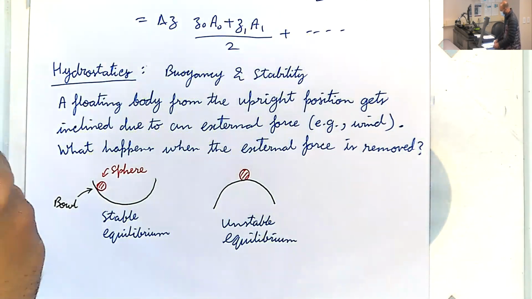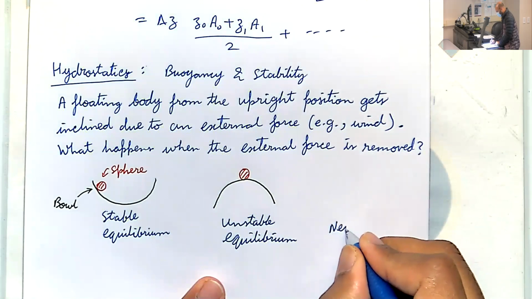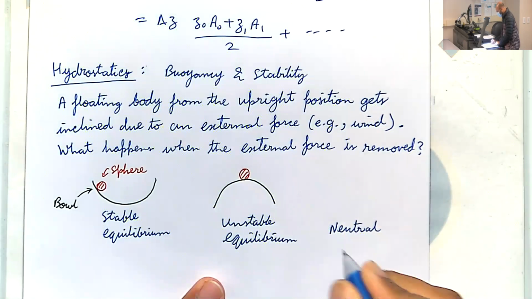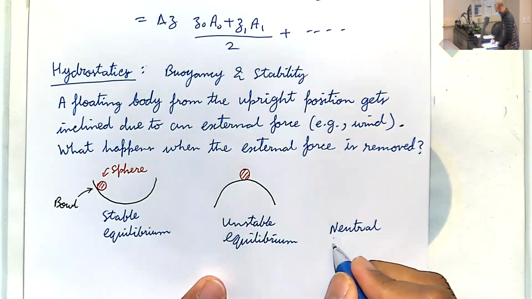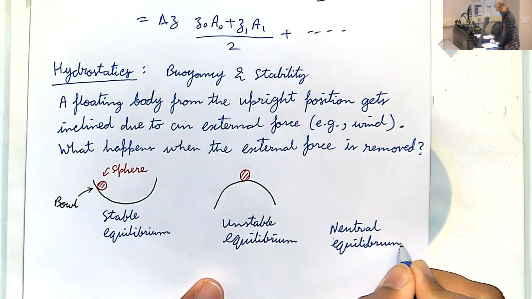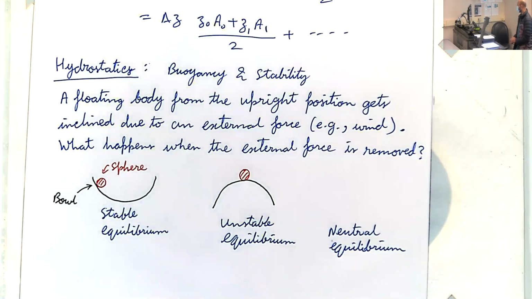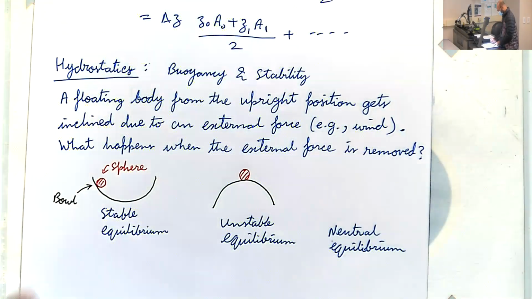All right. And the third one is neutral equilibrium. Do you remember how we can draw the shape? It would be just a horizontal line. Yeah, a flat table surface.